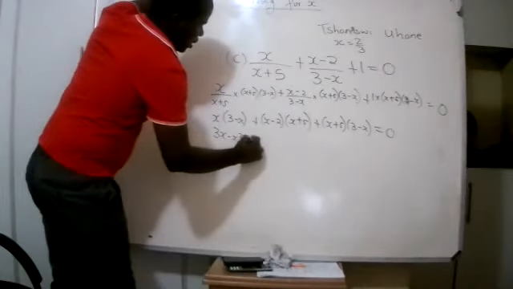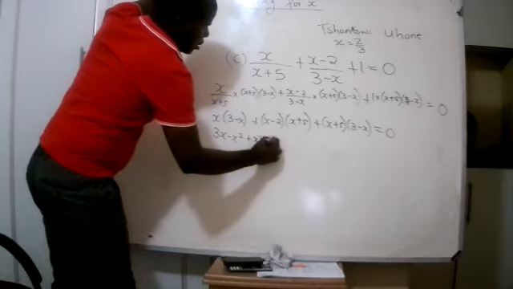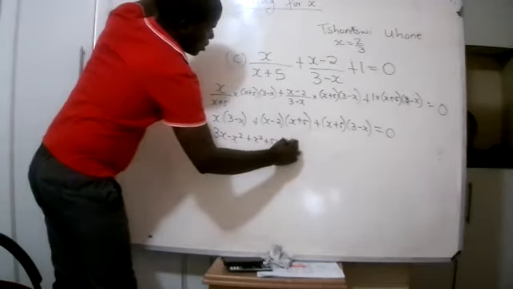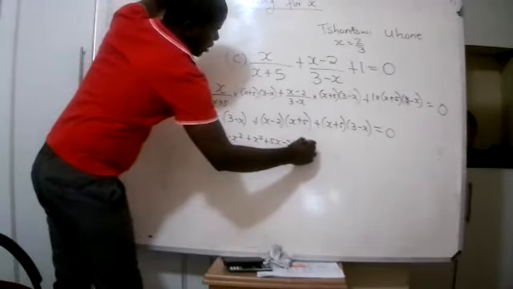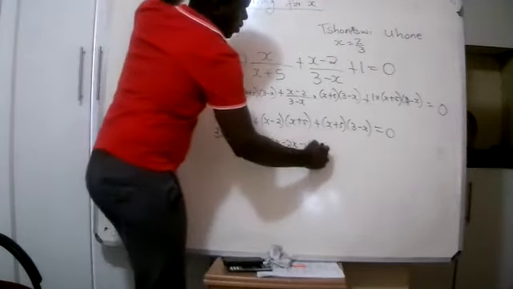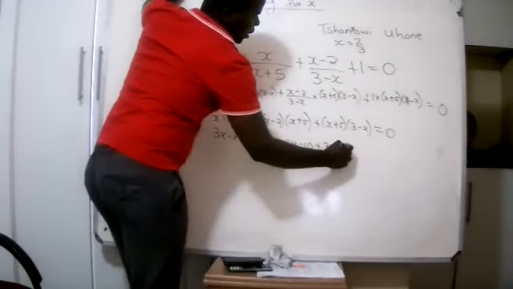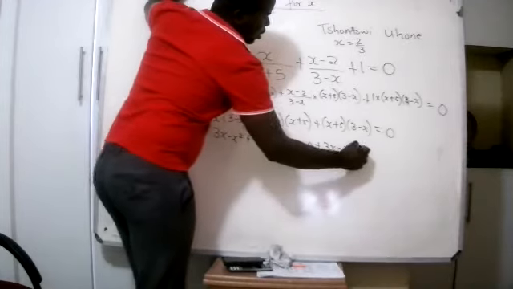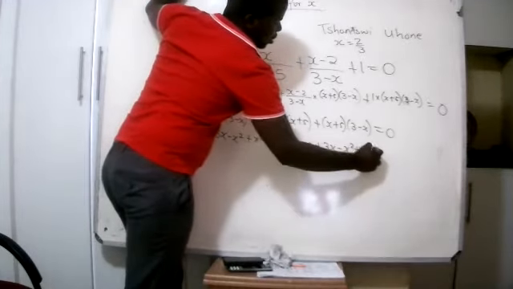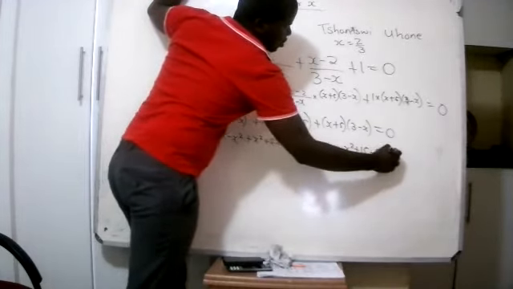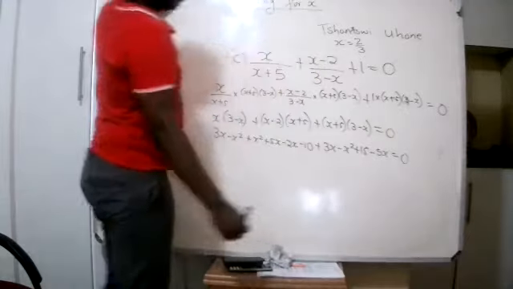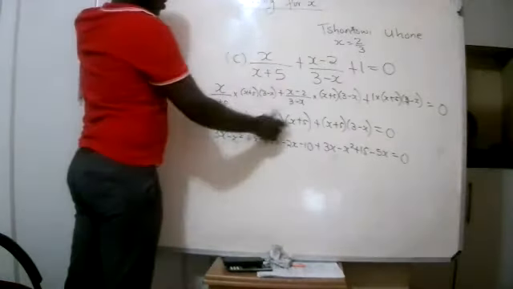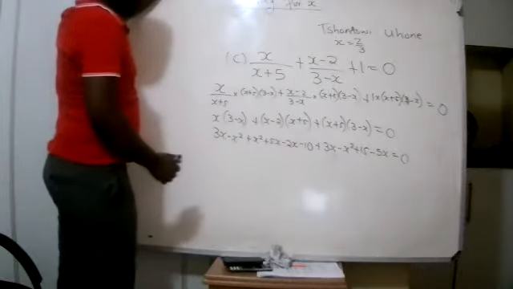So we're going to obtain x squared plus 5x minus 2x minus 10. Then here we're going to have 3x minus x squared plus 15 minus 5x equal to 0.